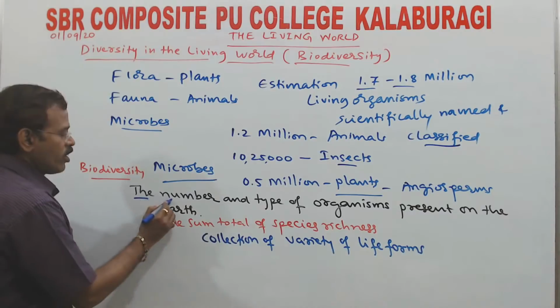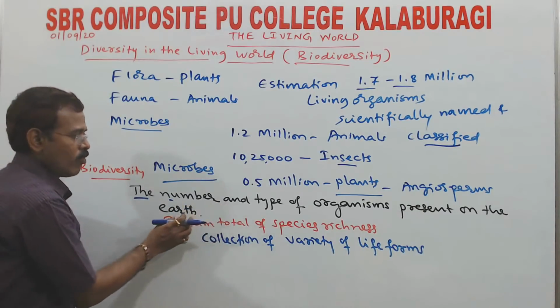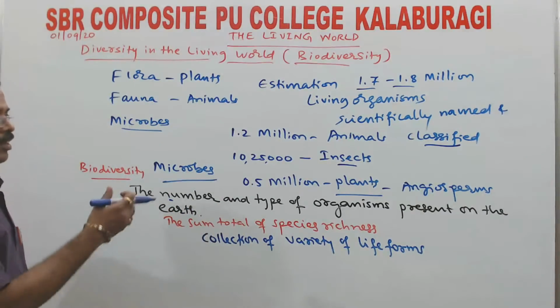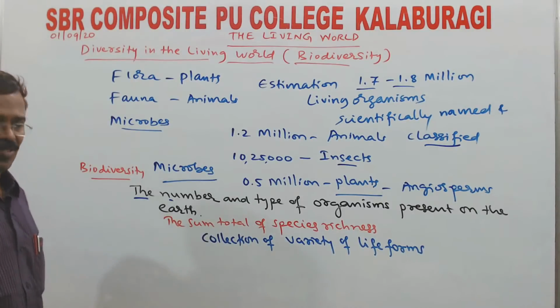This is the NCERT definition: the number and type of organisms present on Earth, that is called biodiversity.